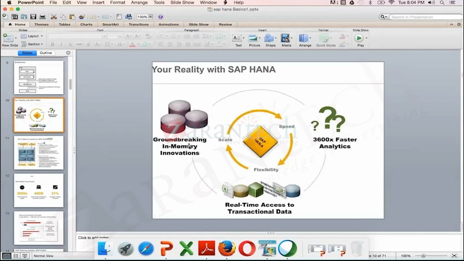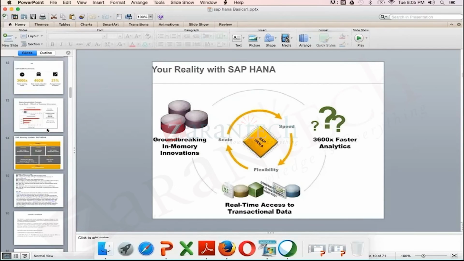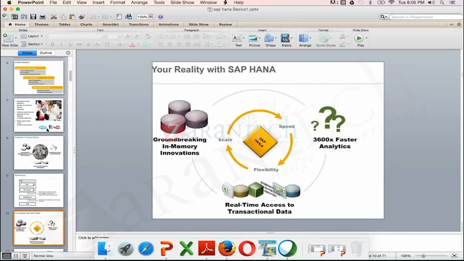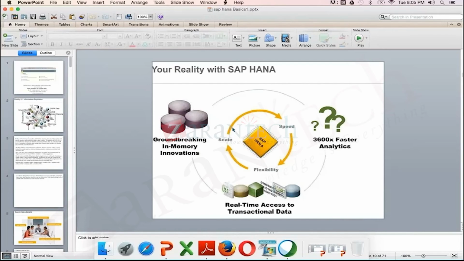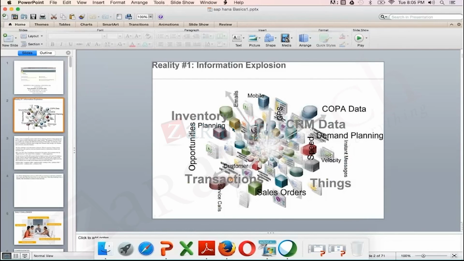Groundbreaking in-memory innovations. SAP HANA is very flexible. Flexible in the sense we can load data from any source system to SAP HANA. That can be file systems, ERP systems, SAP or non-SAP databases, you name any system. We can load the data to SAP HANA. Not only schedule-based replication, we can load the data with real-time replication also.